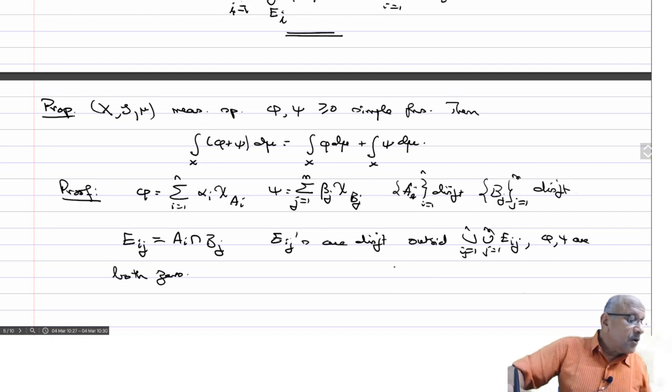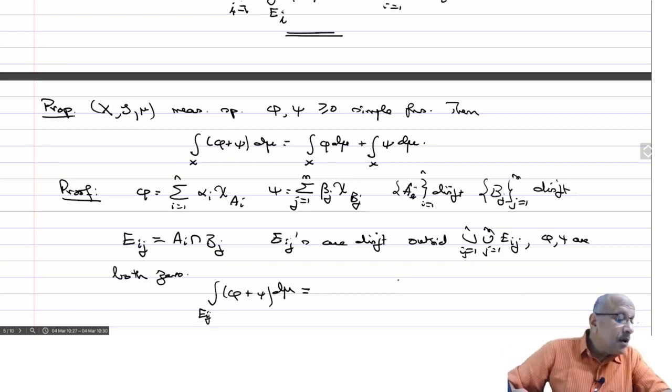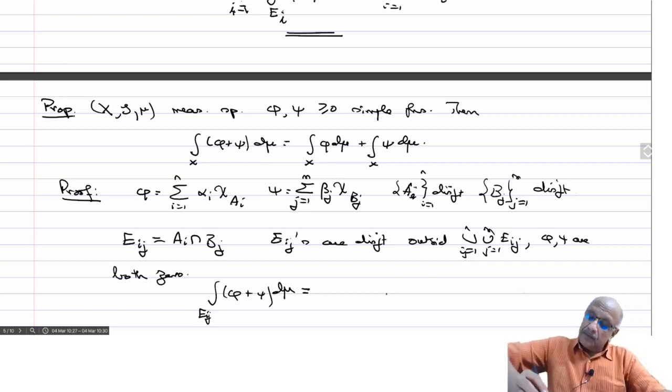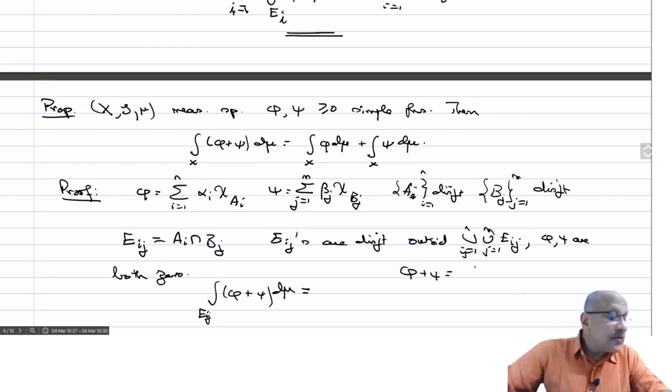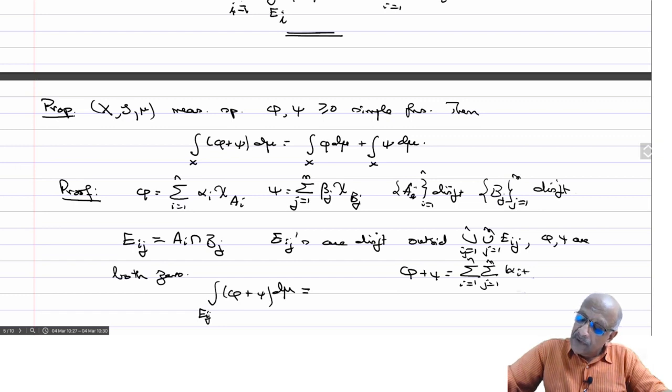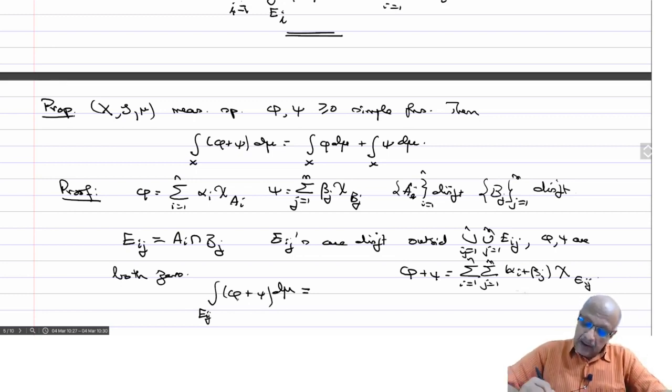Okay, so now the integral of phi plus psi d mu over E_ij. Phi plus psi can now be written as the sum over i equals 1 to n and j equals 1 to m of alpha_i plus beta_j times chi of E_ij.